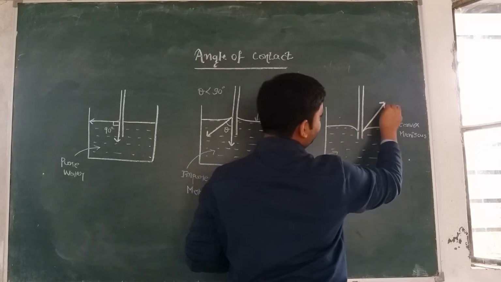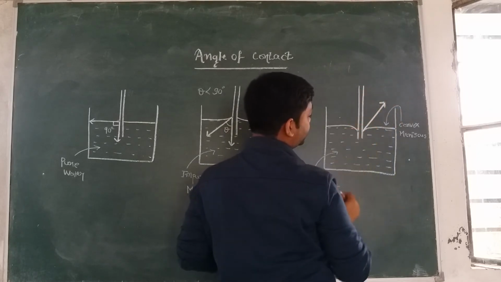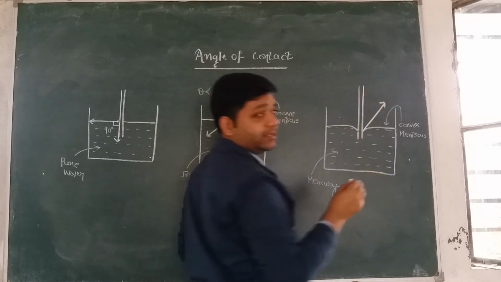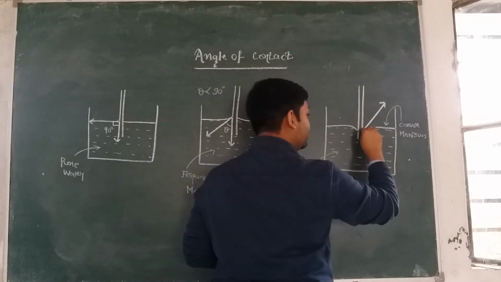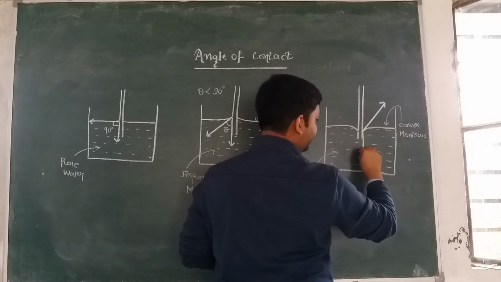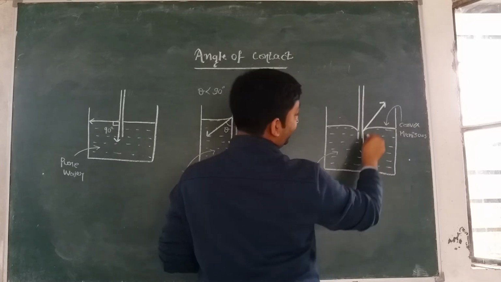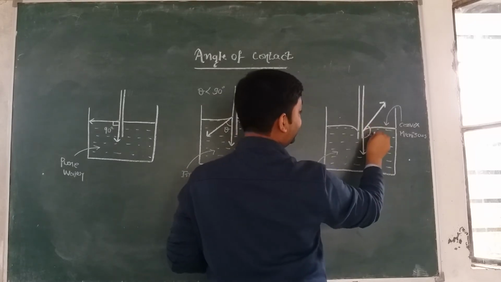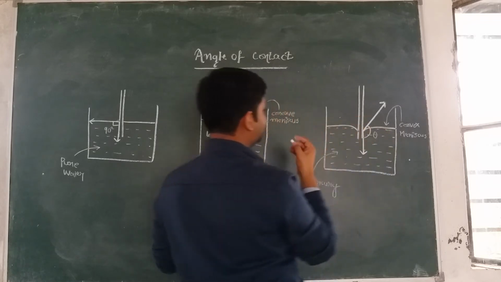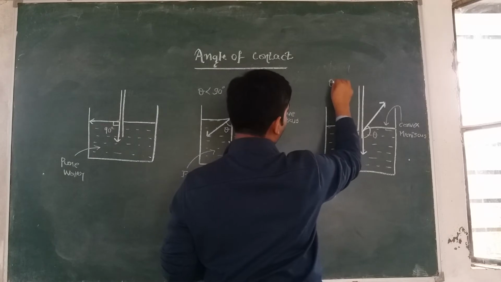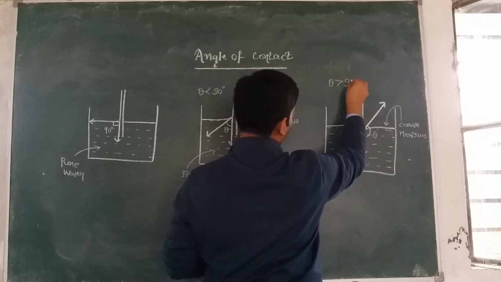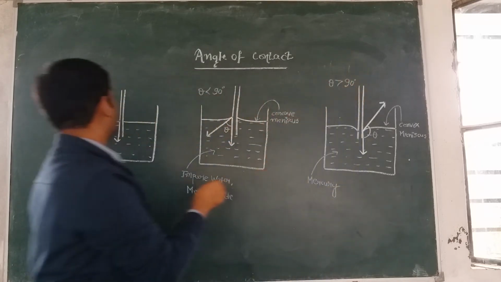Now we have to draw the tangent to the solid surface, and the tangent to the solid surface should be such that it is towards the liquid. So towards the liquid, the tangent will be like this, right? And in this case, this angle theta is called the angle of contact, and in this case theta is greater than 90 degree. So these are the three cases.